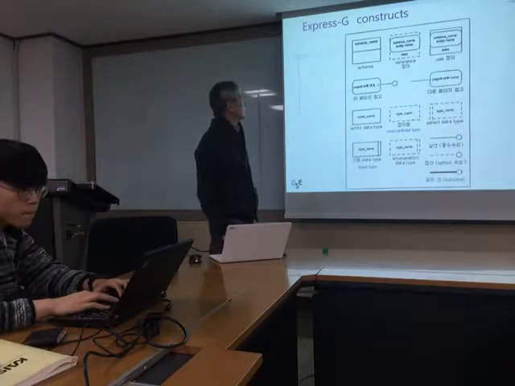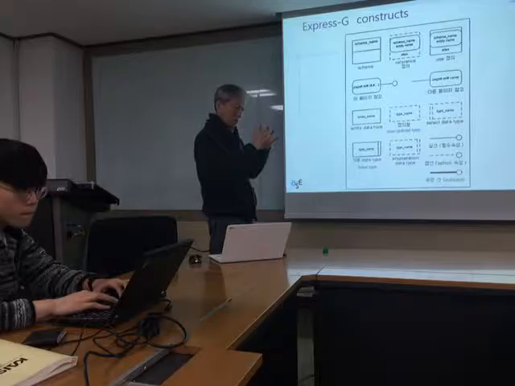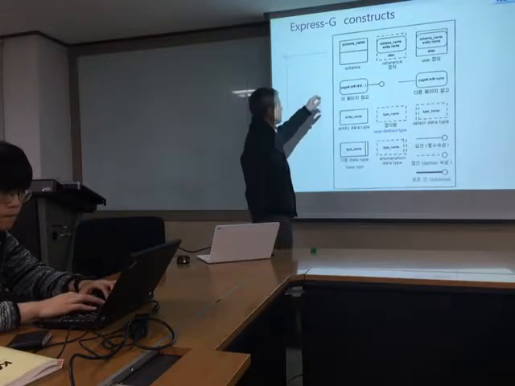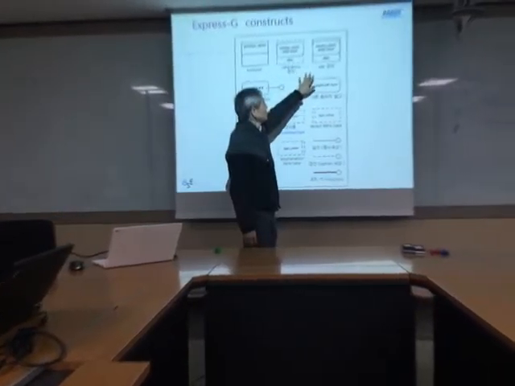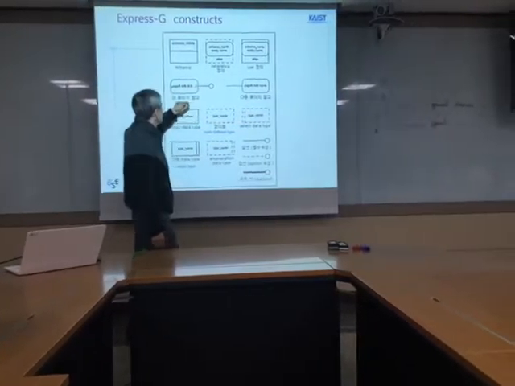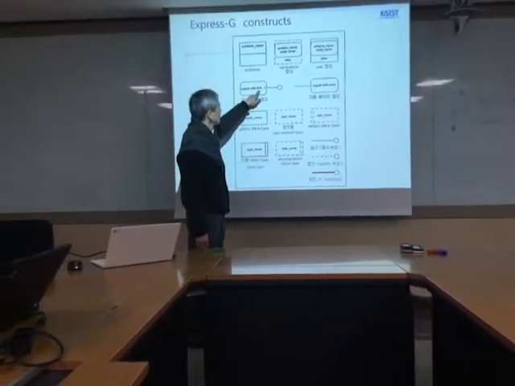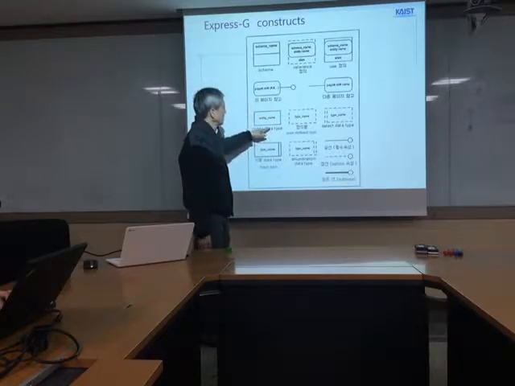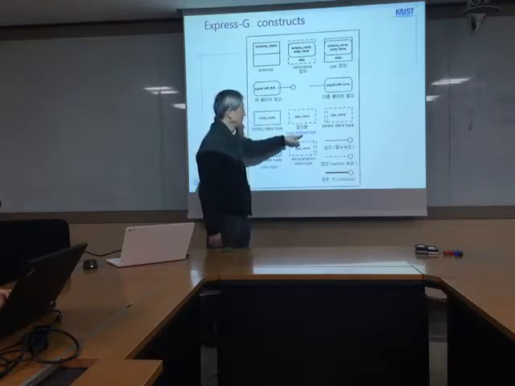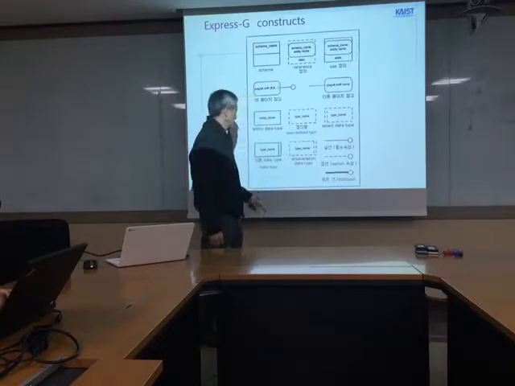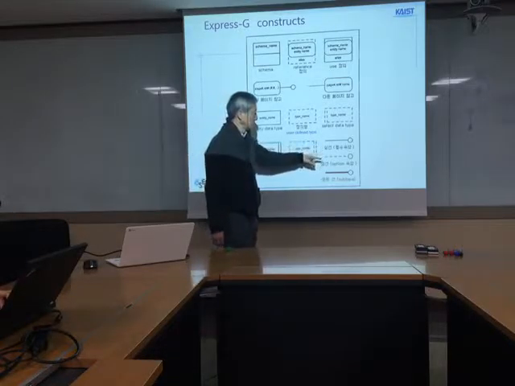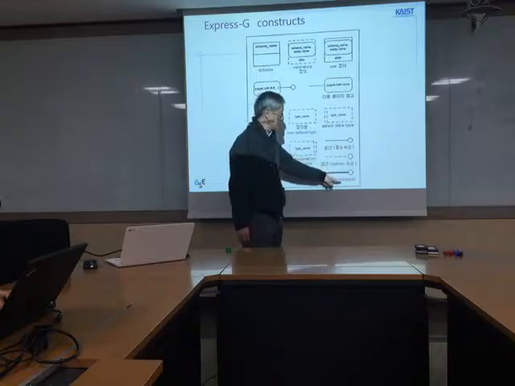EXPRESS-G diagram is for graphical notation of EXPRESS. Schema, referencing, use, and this is referencing, entity data type, and definition, select data type, basic type, enumeration, and this is a functional type also.